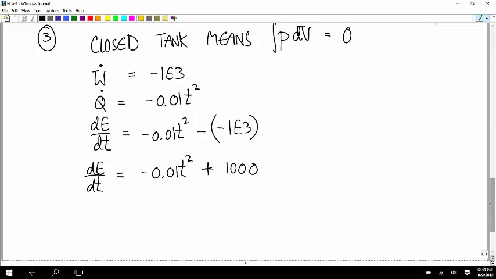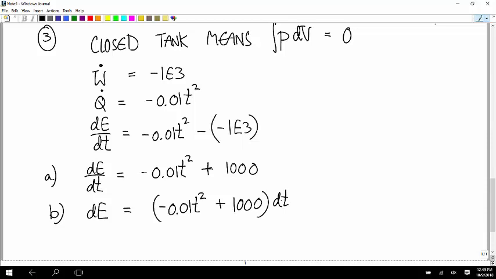And then we want to calculate the rate of change of internal energy. That's the first one. So that's what we have here. And then the second thing we want to calculate is the change in internal energy as a function of time. To do that, we can use separation of variables. So dE is equal to all of this plus 1,000 dt.